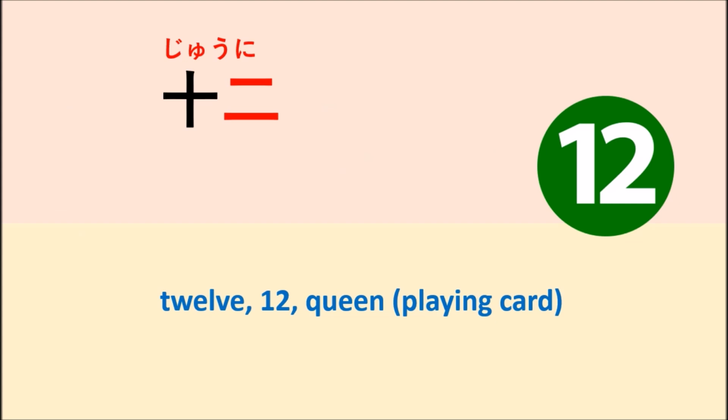In here, the first part, the left part of the word, we have ju, which means 10, and ni means 2. So we say juni means 12, 10 and 2 is 12. So in Japanese they say like this.